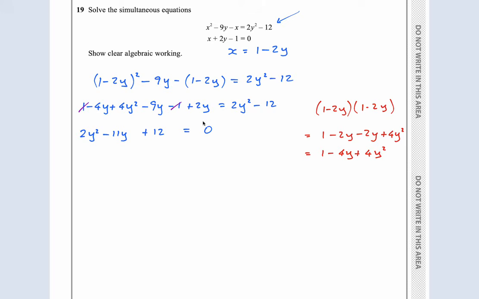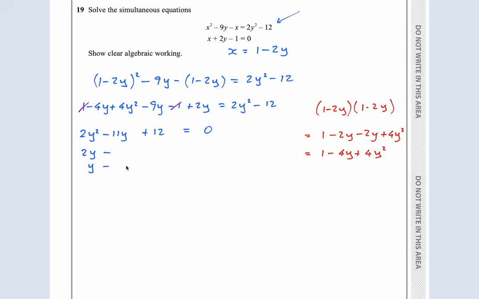Okay, now I have a quadratic that definitely doesn't look easy to factorize, but I think it does factorize. Let's do it. It's going to be 2y and y. Both signs have to be the same because this is positive and this is negative, so they both have to be negative. So I just need to find out, is it 4 and 3 or 2 and 6?